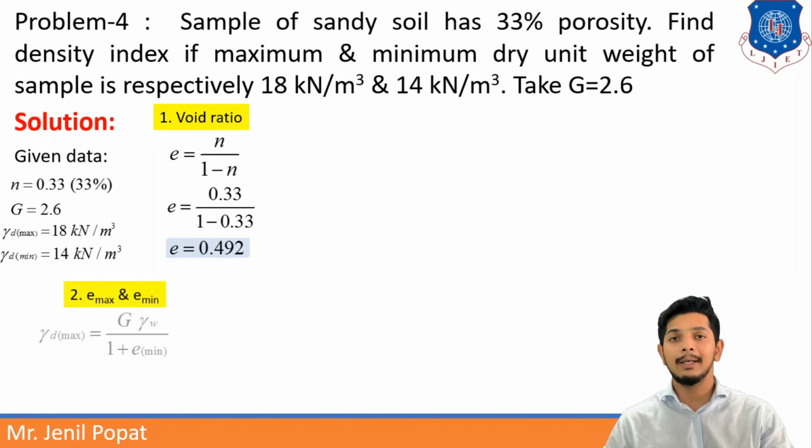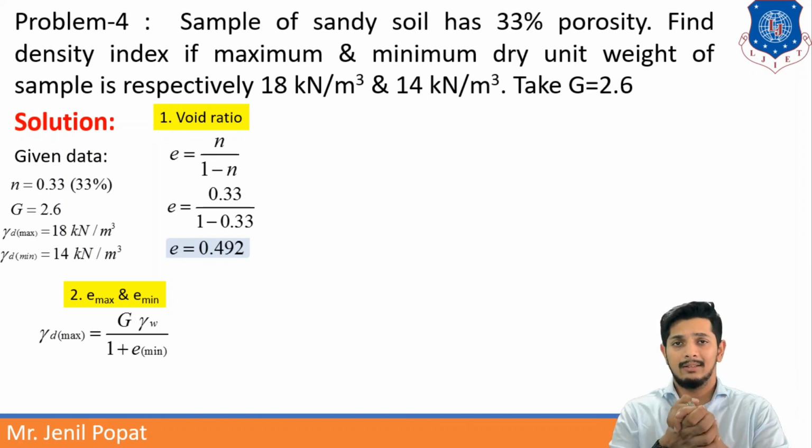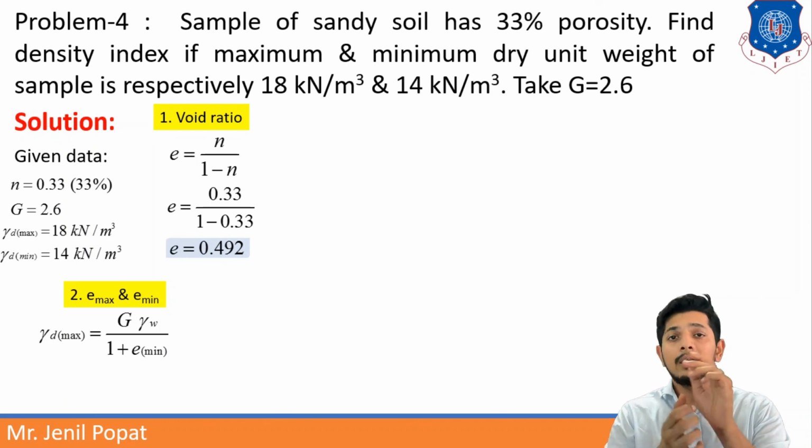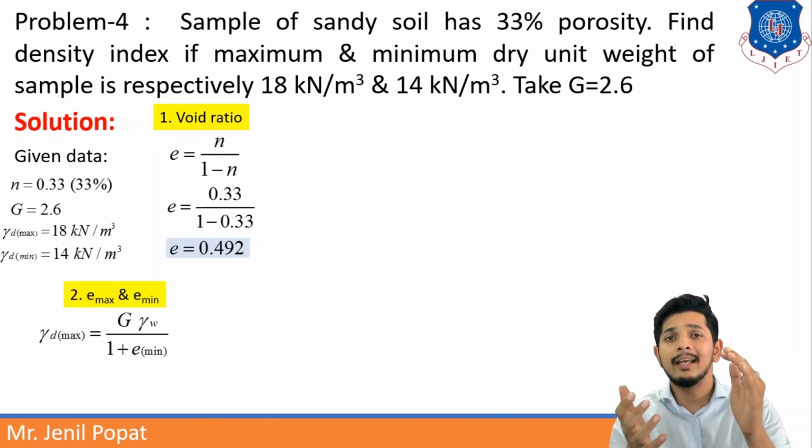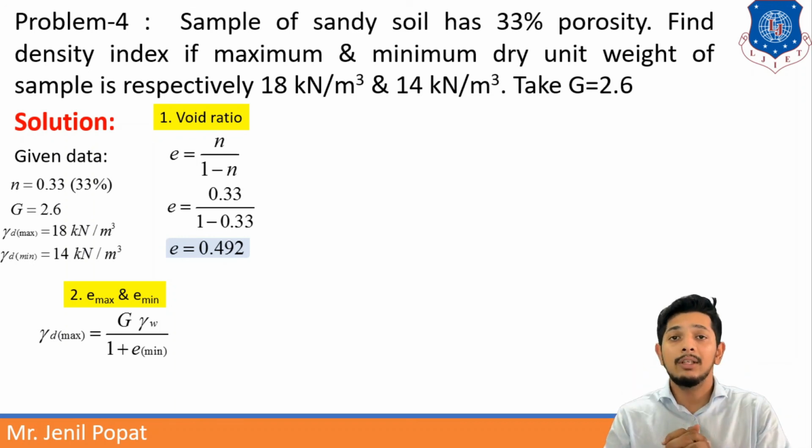Gamma D max formula is this, G into gamma W upon 1 plus E minimum. Here, equation suggests that if gamma D is maximum, dry density is maximum, then E will be minimum. So if the soil is very much dense, then its void ratio will be minimum. If soil is having lesser density, void ratio will be maximum. So we need to understand that logic for this problem.